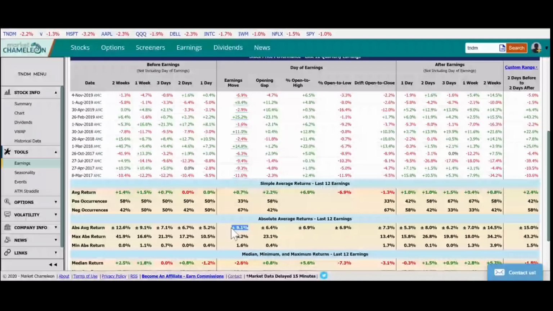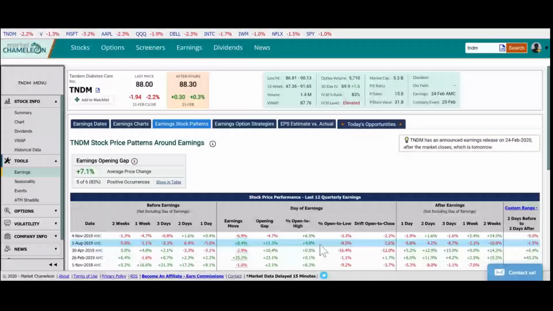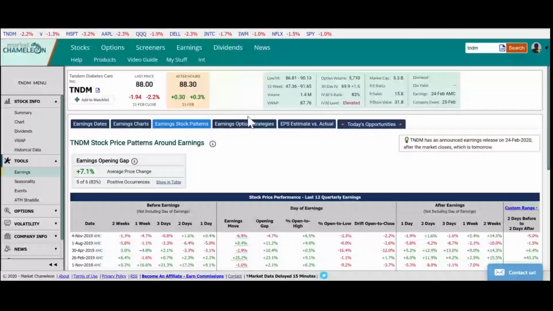So what it's telling me is that the entire move is not just in the opening gap, but it tends to move even more after the gap. If you want to capture that entire move, you're waiting till the end of the day. That's an analysis of what the stock has done historically, really quickly. If you want to go deeper, you can.